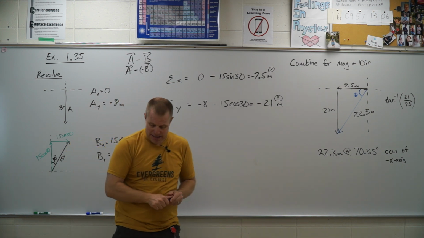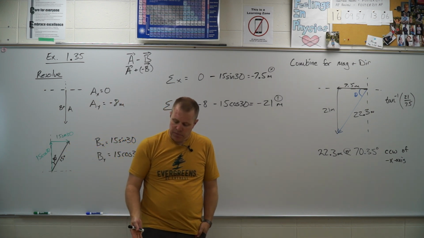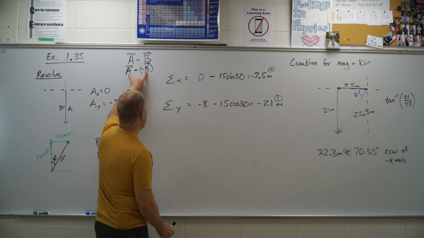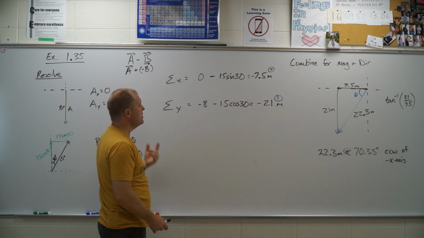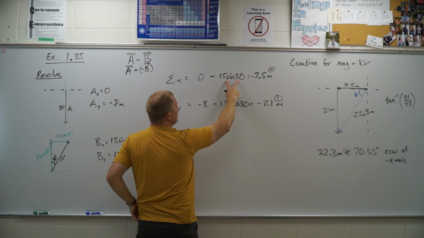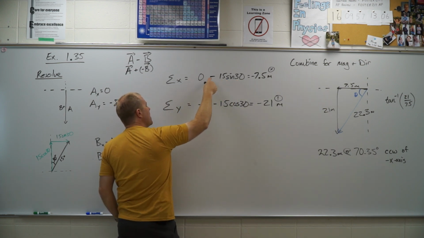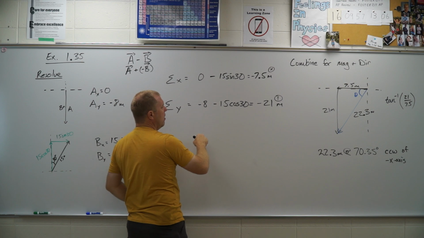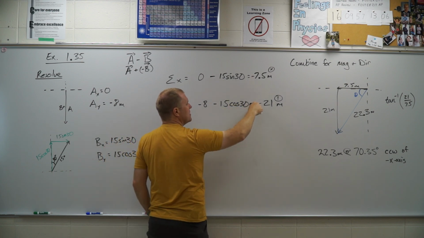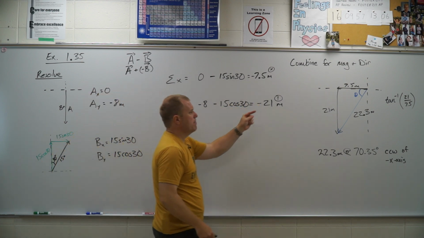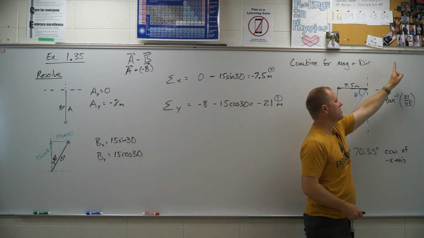So that is part C there. Part D says, what happens if instead we do B minus A? You can imagine then, if I flip these, so now this is a positive and this is a negative, and I flip these, I see that I end up with a positive 7.5, a positive 21.